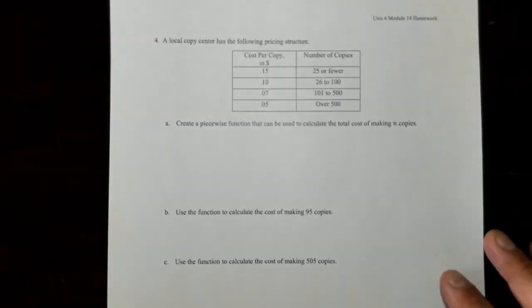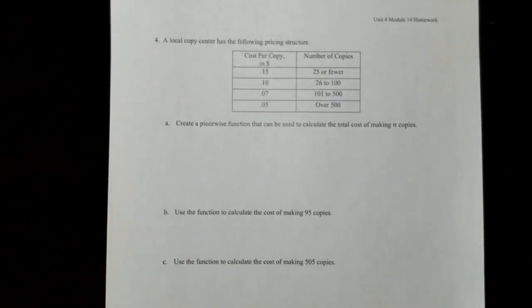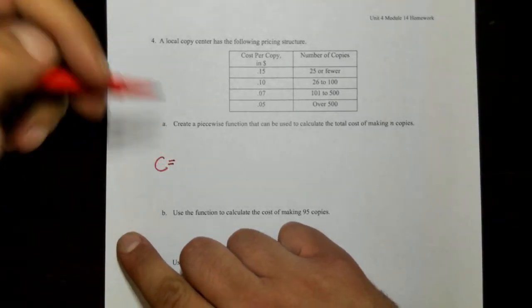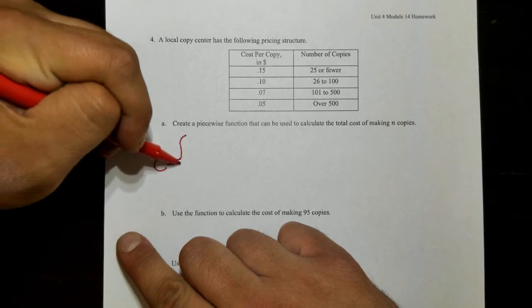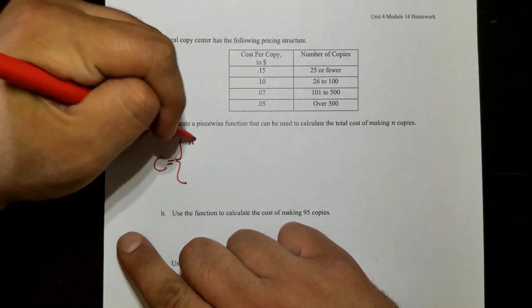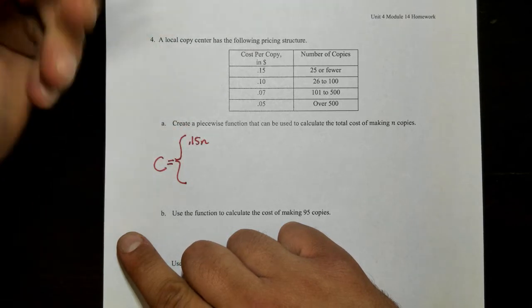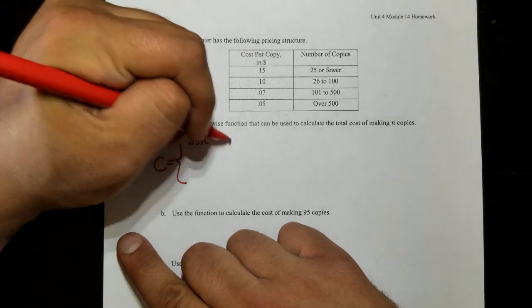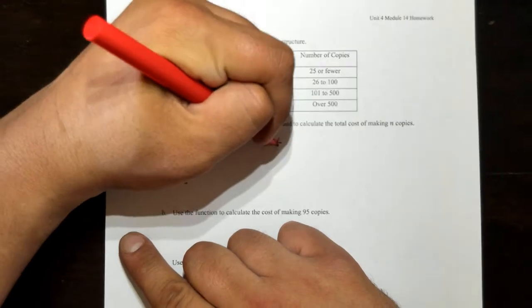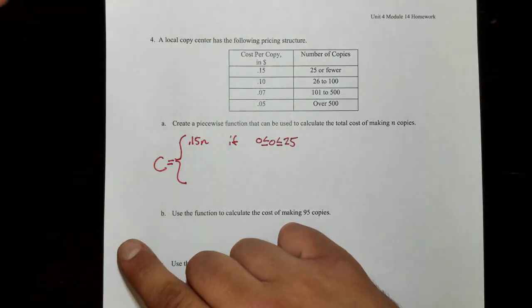Okay, so now number 4. A local copy center has the following pricing structure. Create a piecewise function that can be used to calculate the total cost of making n copies. Here we have C, the number of copies, and it looks like we have 4 rules. It's going to be 0.15n, where n stands for the number of copies, if n is greater than or equal to 0 but less than or equal to 25.